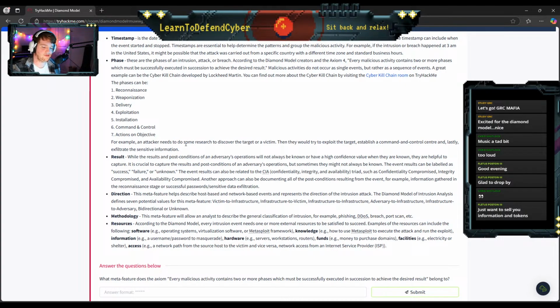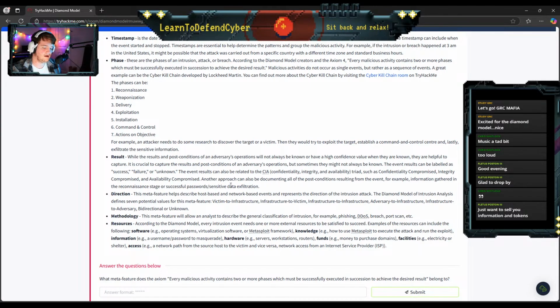The results and post conditions of an adversary operation will not always be known, but it will be helpful to capture. It is crucial to capture results and post conditions. The events can be labeled as success, failure, or unknown. The results can be related to the CIA triad: confidentiality, integrity, and availability, such as confidentiality compromised, integrity compromised, availability compromised.